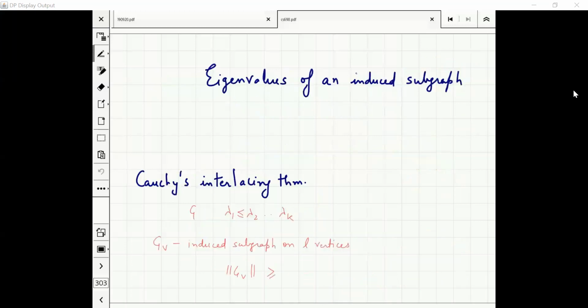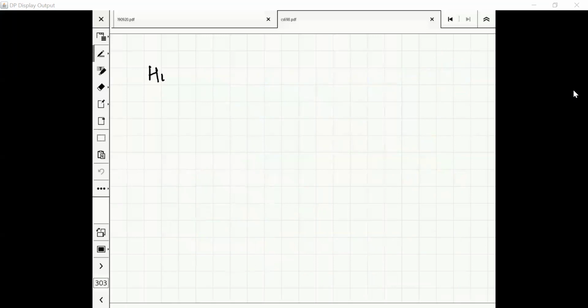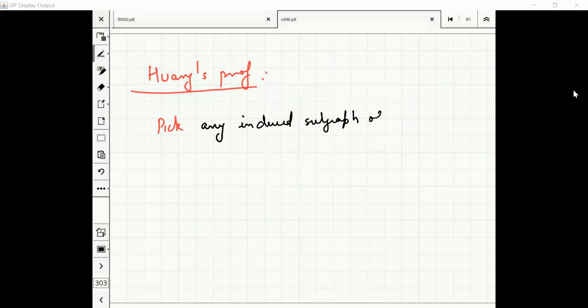So actually, Huang's proof is basically this. It has nothing to do, in some sense, with a function. It's a combinatorial statement about the Boolean hypercube. Pick any induced subgraph of H_n such that the number of vertices is greater than half the size.